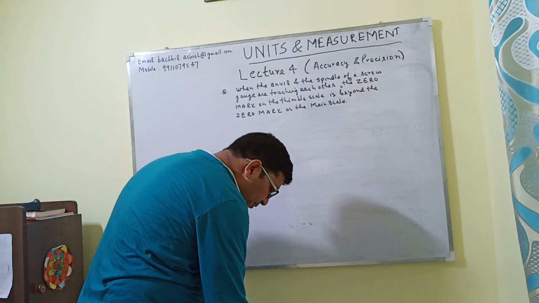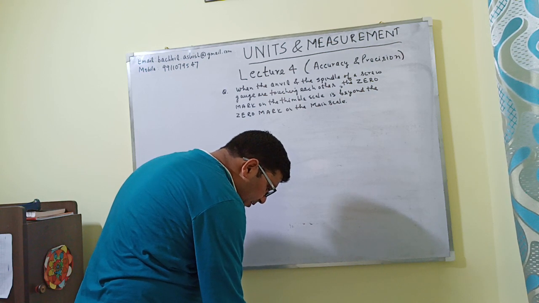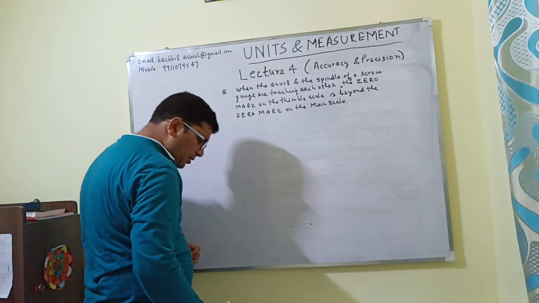At this moment, the 55th division on the thimble scale matches the datum line.